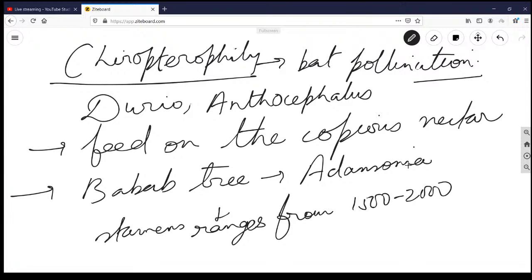That is how bat pollinated flowers meet the requirement for being pollinated by bats, right?